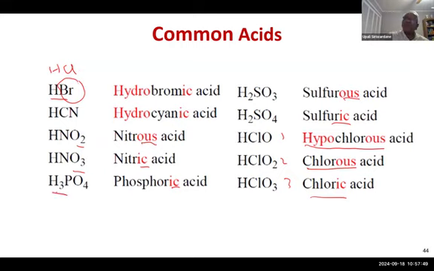So this is sulfide if you lose all 2 hydrogens, sulfate. Hypochlorite, HClO is called hypochlorite.